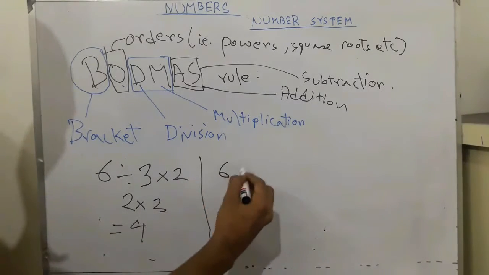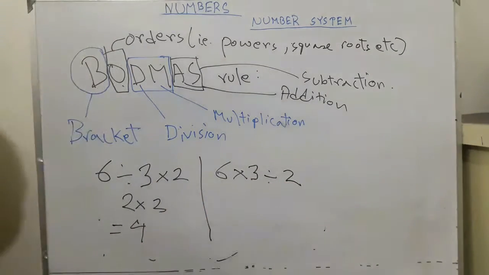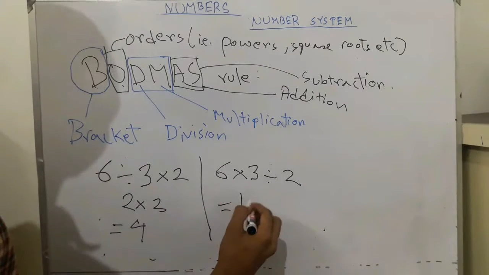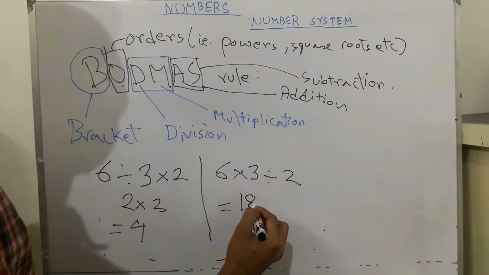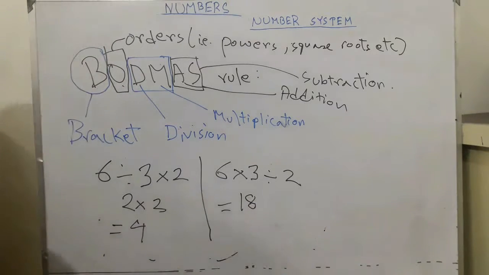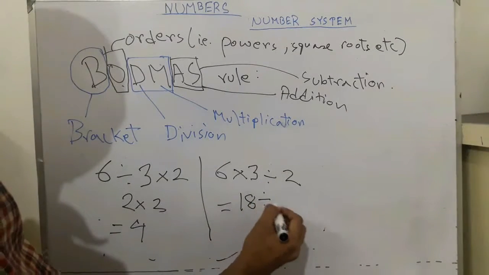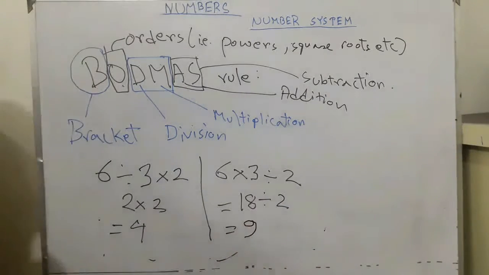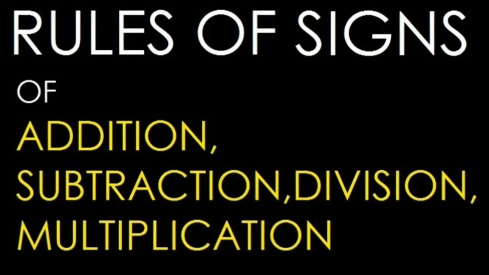But if it was like this, 6 threes are 18. As we change the operation here, divided by 2, so 18 divided by 2 is 9. So here is how changing the sequence of the operations matters.